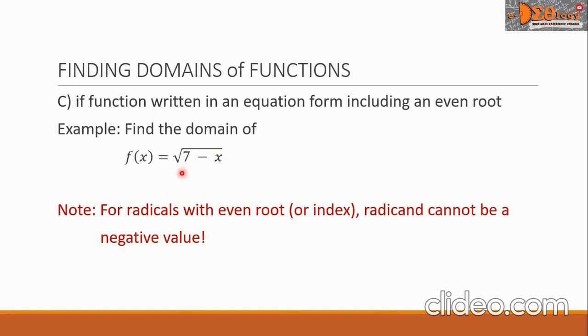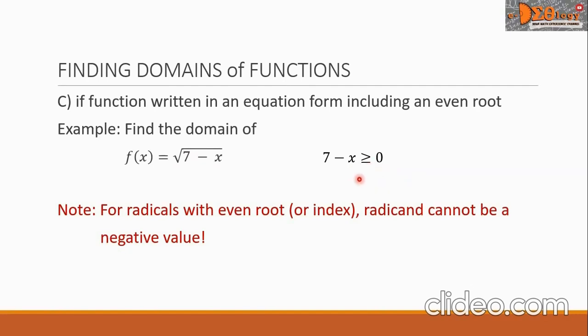So what we'll do now is copy the radicand, that is 7 minus x, and then we will write greater than or equal to 0, because we say that this radicand cannot be negative. So we will always use the symbol greater than or equal to.